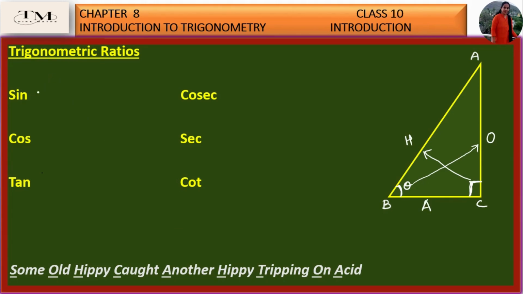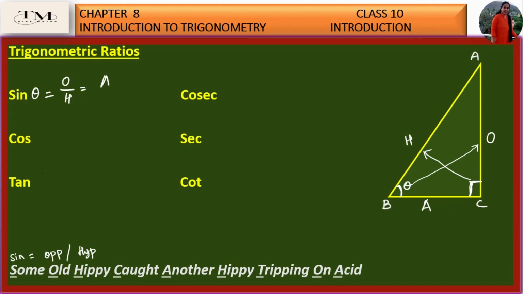Now we have to find out the value of sine theta. So sine theta is nothing but opposite side by hypotenuse. So S stands for sine, O for opposite and H for hypotenuse. So you will be remembering now some old hippie caught another hippie tripping on acid. So sine theta is equal to opposite by hypotenuse. So O by H. So who is O?